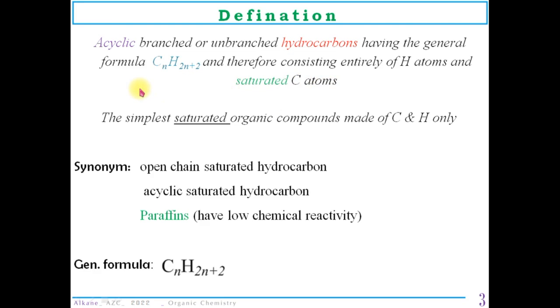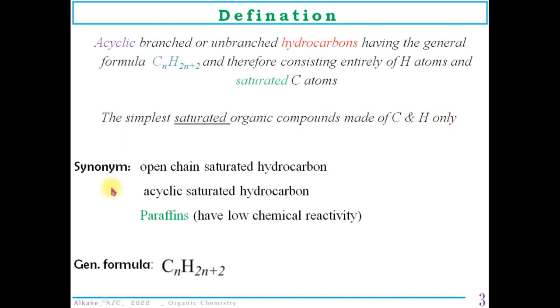Now when you are going to define alkane, the words acyclic, hydrocarbons, this formula and saturated are important. Alkanes are the simplest saturated organic compounds, made up of carbon and hydrogen only.